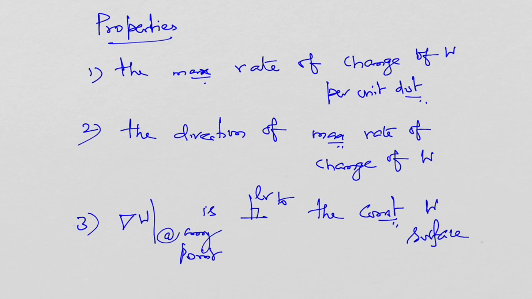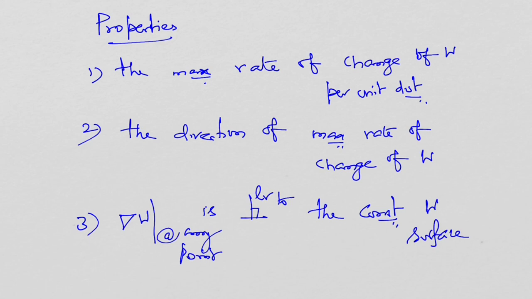Now let me look at the properties. The maximum rate of change of any scalar quantity per unit distance in any three-dimensional space is given by the gradient of a scalar. Similarly, the direction of maximum rate of change of w is specified by the gradient.